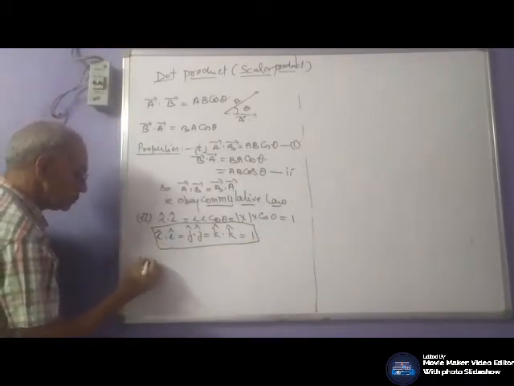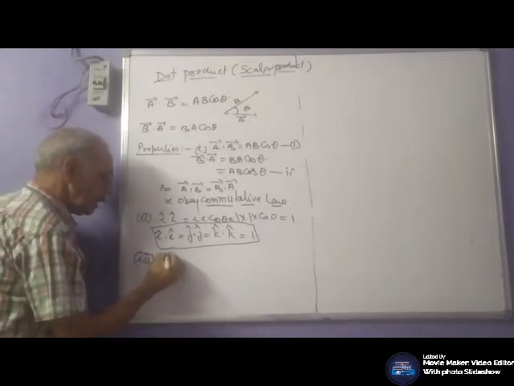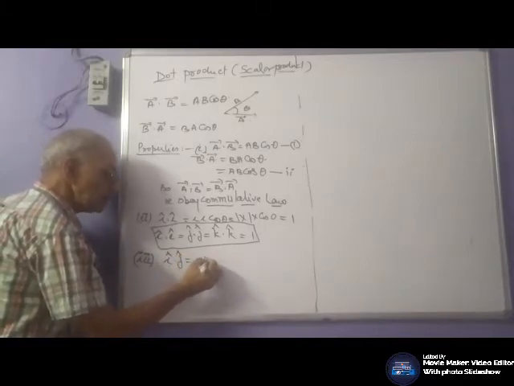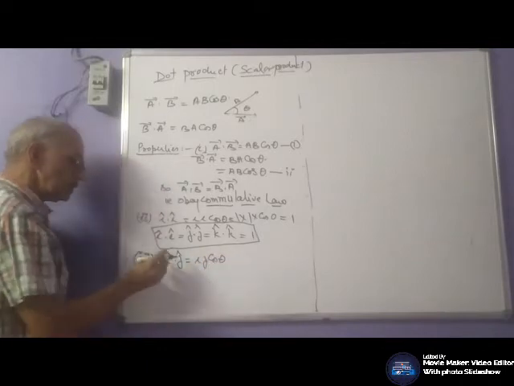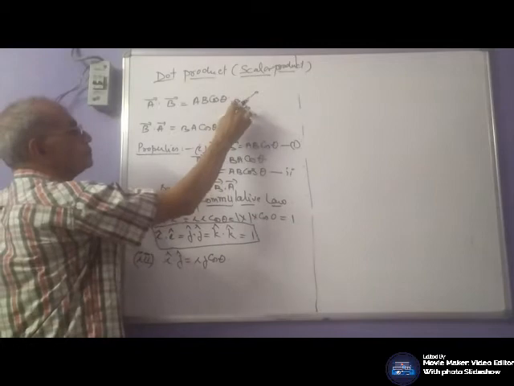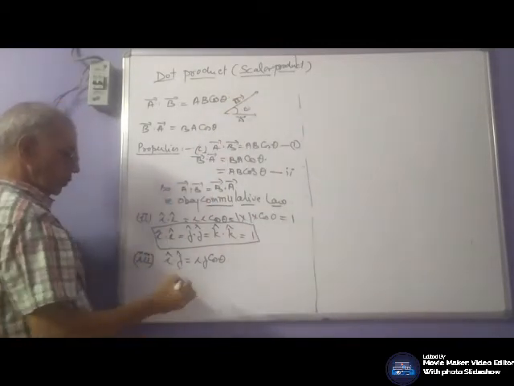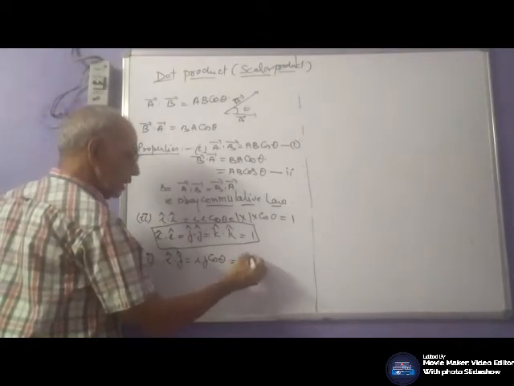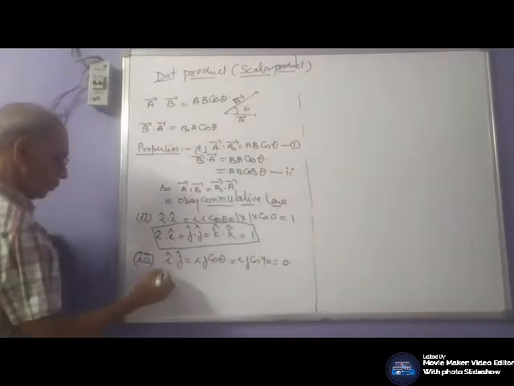Third, I dot j, it is I, vectors will not be needed, it is a scalar quantity, j cos theta. Theta is the angle between I and j, like the angle between A and B. So it is I j cos 90, which is what? 0.